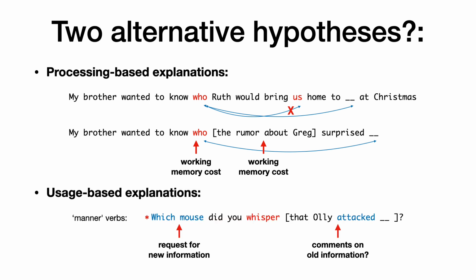The other theory, and this is the theory that I think is still kind of live, that has some kind of data behind it, is that maybe there's something pragmatically unusual about island violations. So these are sometimes called usage-based explanations or functionalist explanations, we might suggest. There are theories called cognitive linguistics that are based on this kind of intuition.